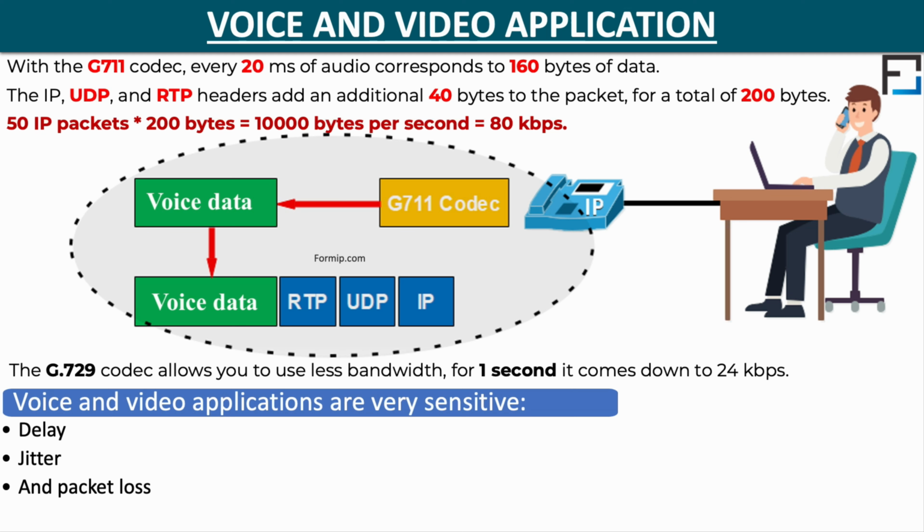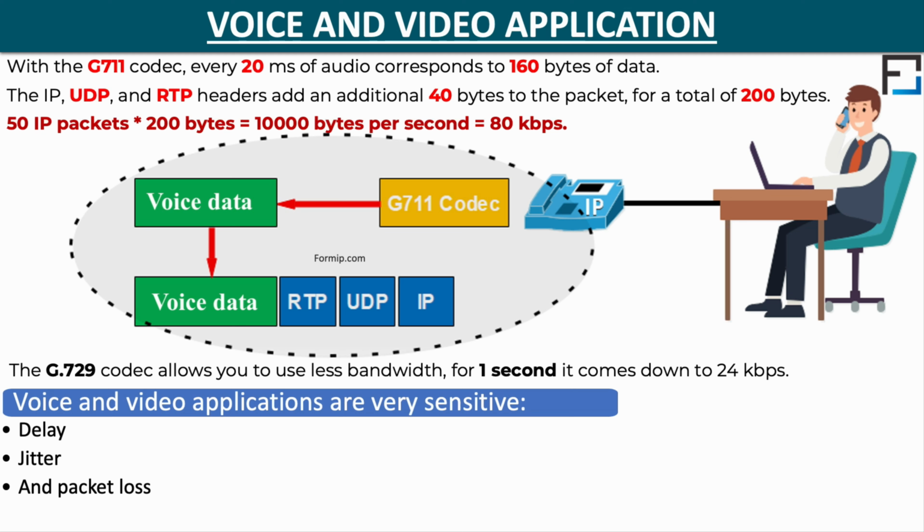Bandwidth is not really a problem for VoIP, its real problem is the delay. Because if you're talking to someone on the phone, it's usually in real time. And if the delay is too high, then the conversation will become a bit like a walkie-talkie conversation. That is, the kind of conversation where you have to wait a few seconds before you get a response.